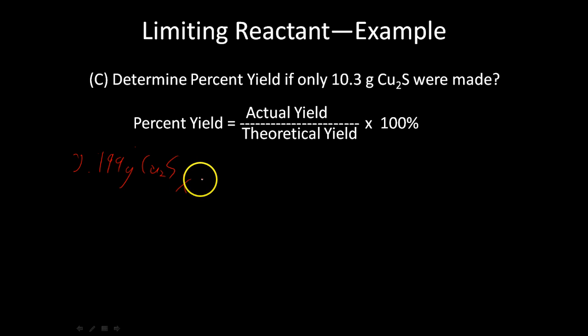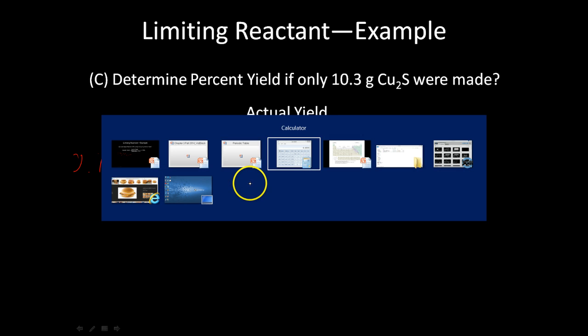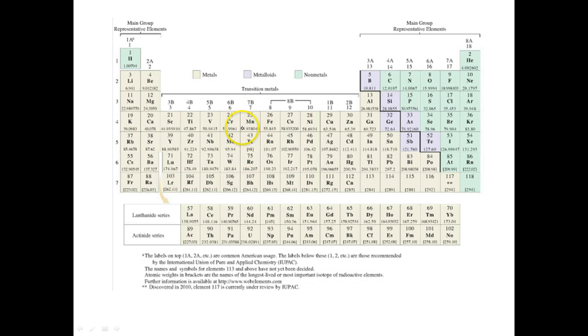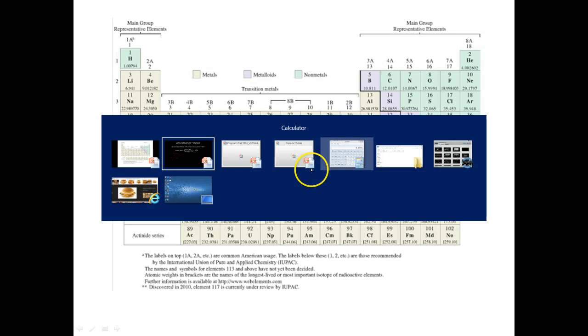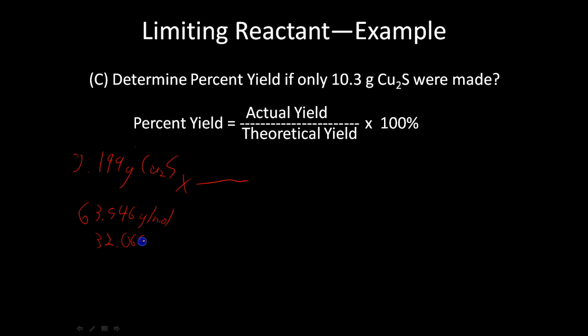We need the molar mass for that, so go to our periodic table. Copper is again 63.546 grams per mole, sulfur is 32.065 grams per mole.